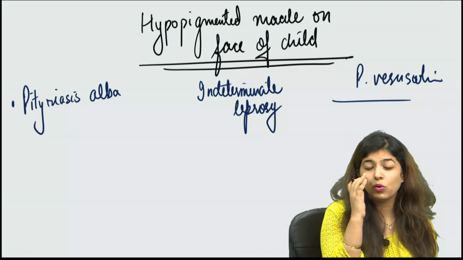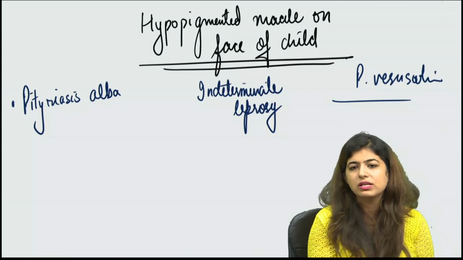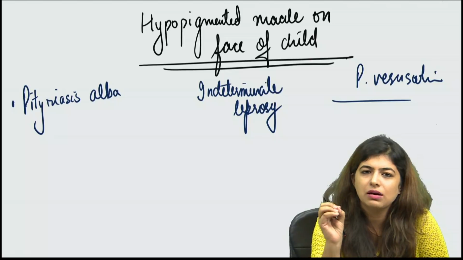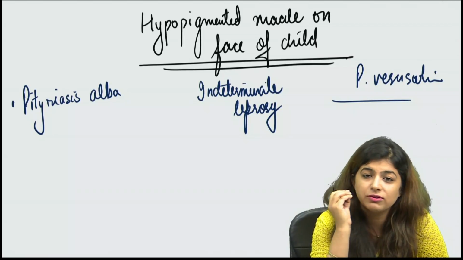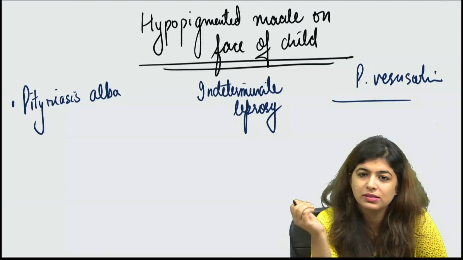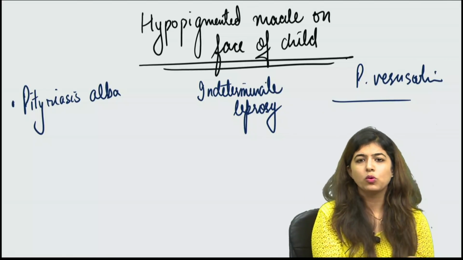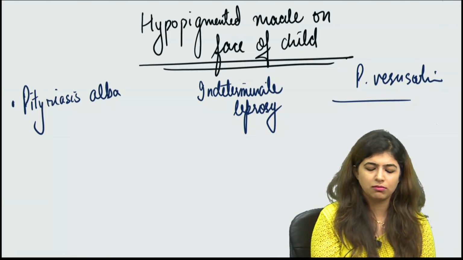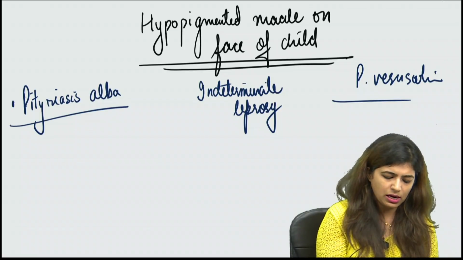This question doesn't give us these options, but I'm discussing a question which will actually have one of these 3 options, and they are difficult to distinguish. Most important differentials for a hypopigmented macule on the face of a child. Now, how will these look?